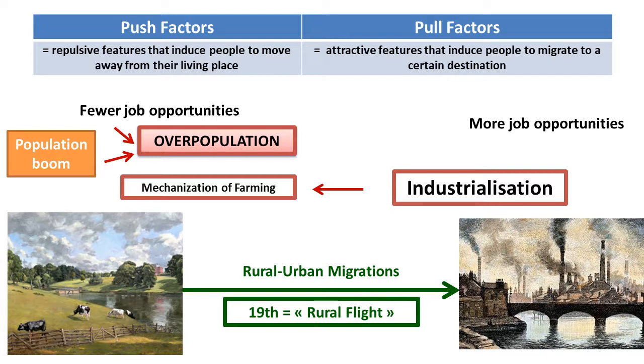And this process was so massive and fast for Britain that for the 19th century we sometimes use the expression rural flight to refer to this big wave of migration. In French, the expression that is the translation of rural flight is exode rural.